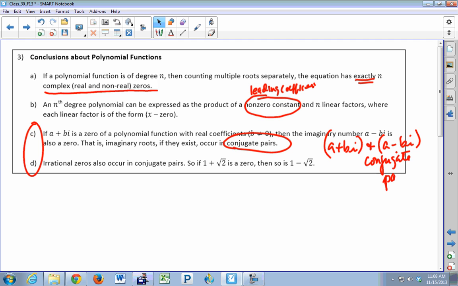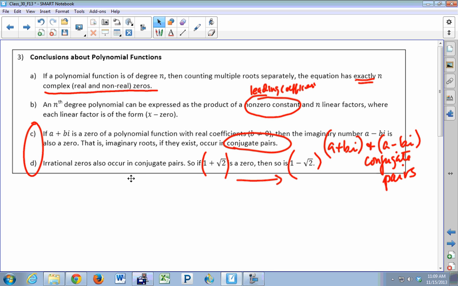And similarly, if you have irrational zeros, those also occur in conjugate pairs. So if 1 plus the square root of 2 is a 0, you automatically know 1 minus the square root of 2 is a 0 of your function. Okay, so those always come in pairs. And if I don't state both of them, you know they both exist. You fill it in yourself.